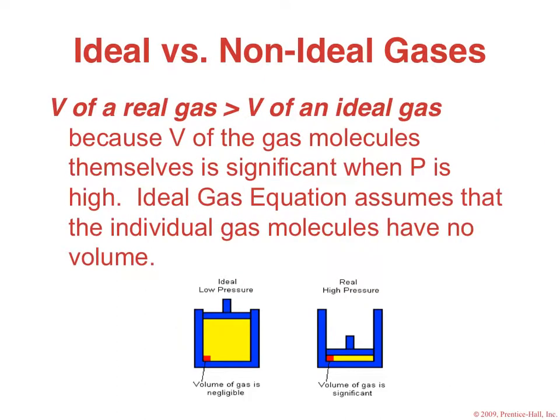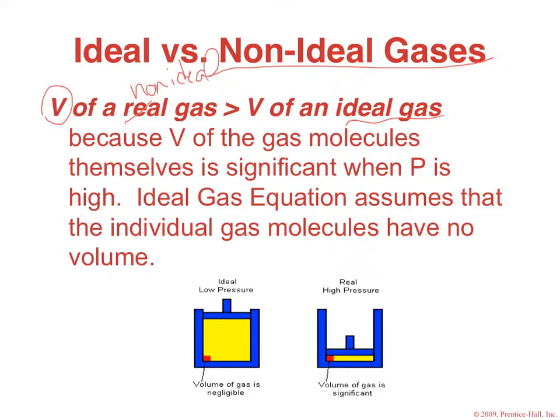The result you should get from using the non-ideal gas formula is that the volume for the non-ideal gas should actually be greater than the volume if you were to use the ideal gas equation. And that's, again, because if it's behaving in non-ideal manners, the volume of the gas particle itself becomes significant and cannot be neglected anymore.